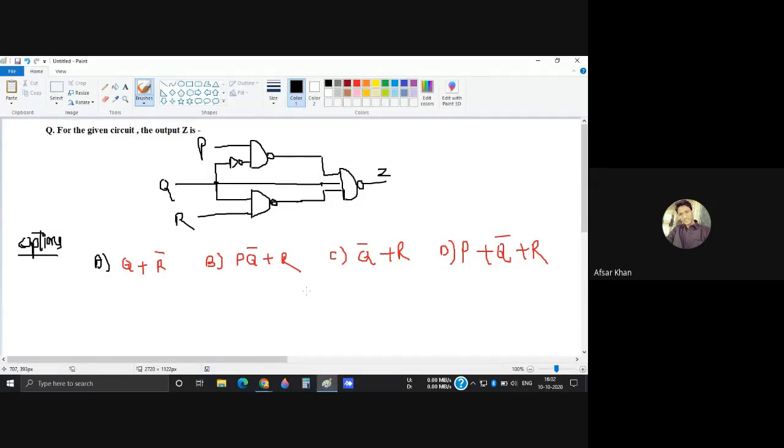Respond, students. Should I solve this? Which option are you getting? Yes, C is correct. If you're getting C, very good.